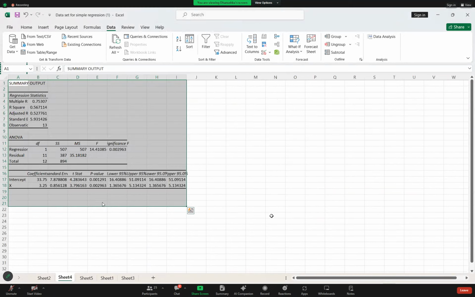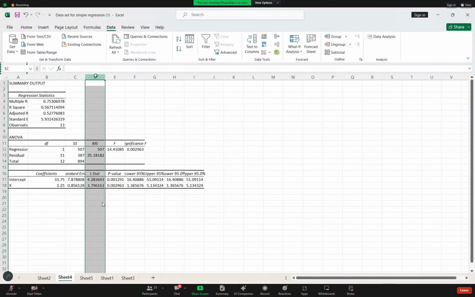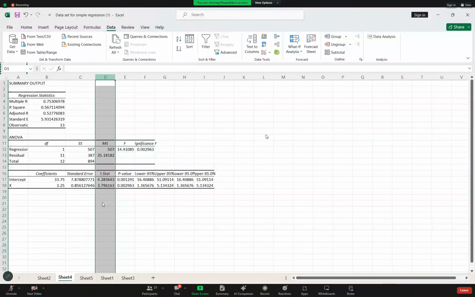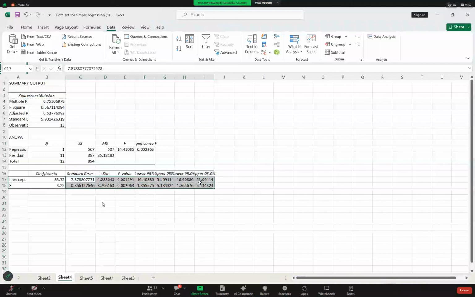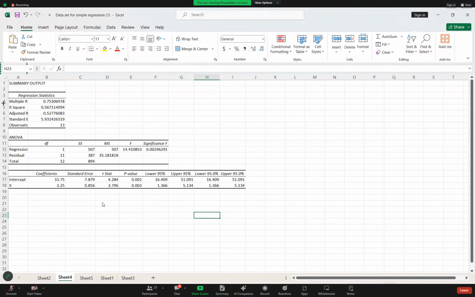Okay. Then you can see the regression results. Here you can see R square, the value of R square is this.